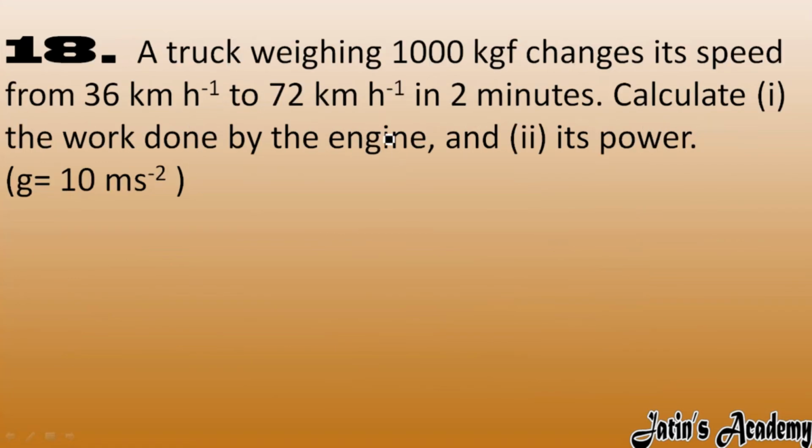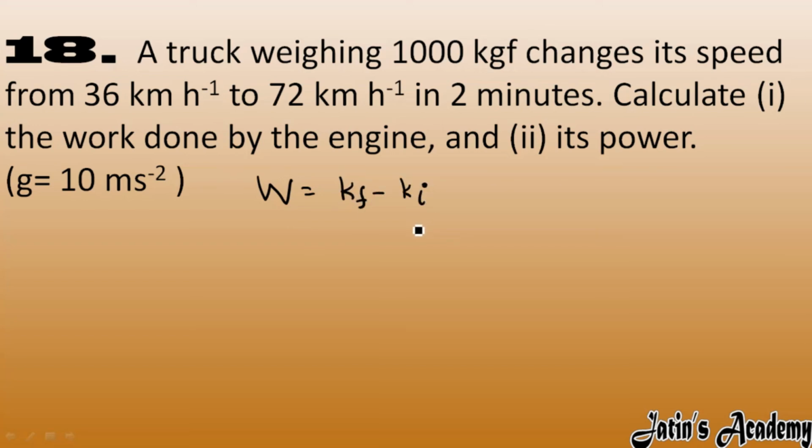Next we have a truck weighing 1000 kgf that changes its speed from 36 km per hour to 72 km per hour in 2 minutes. We have to calculate the work done by engine and power. So according to the work energy theorem, work done is equal to increase in kinetic energy, which is final kinetic energy minus initial kinetic energy.